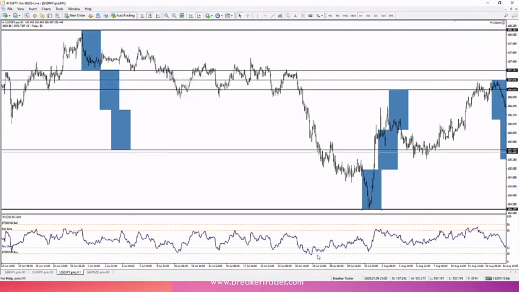The problem is price will come up and try and stop hunt you all the time. Okay, so you got in here, for example, or let's say you got in on this candle that came down here, you would have put your stop somewhere around there maybe.